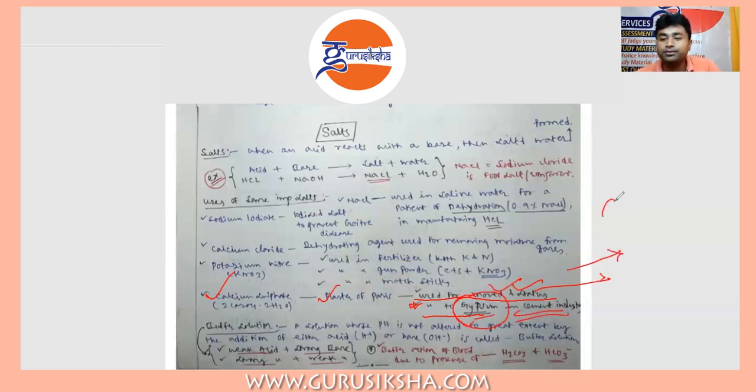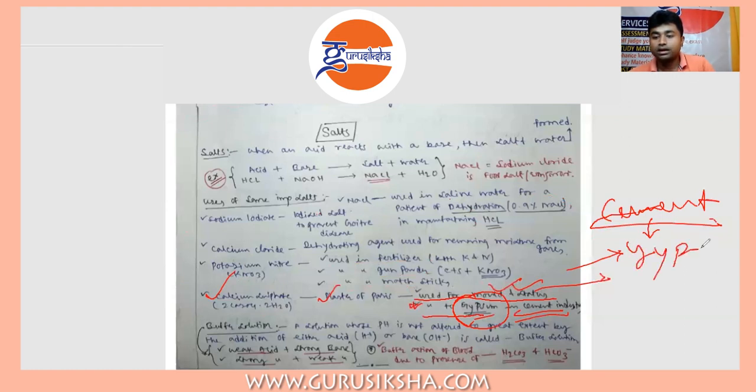To make cement, as it is very hard, a very essential component has to be mixed in the formation of cement, which is called gypsum. This gypsum is nothing but calcium phosphate.